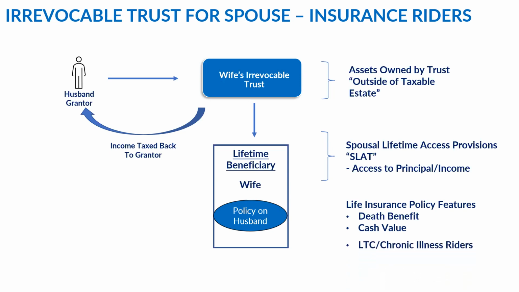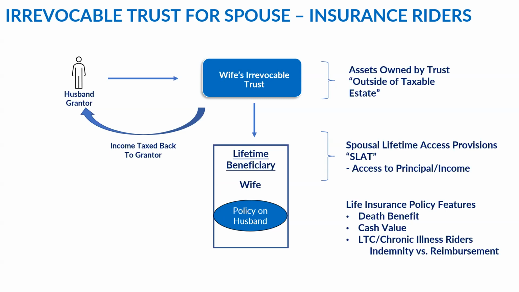Now, remember, we've got all of these riders. This is where I want to caution you: when we're adding the riders for long-term care or chronic illness, and we're holding that inside of an irrevocable trust. Those riders can be either an indemnity benefit, where the insurance company just says, here's a check, use it any which way you want, or it can be reimbursement.